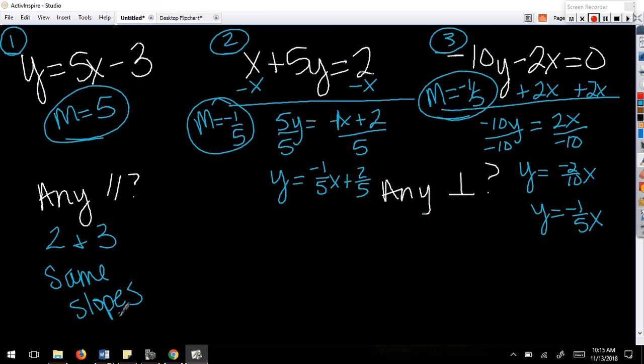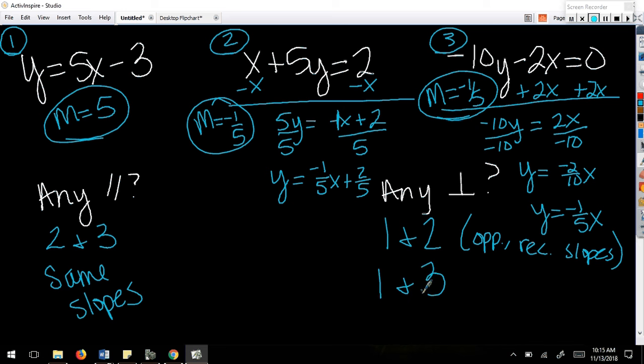Look closely. 1 and 2, they are. Why, Cameron? They have opposite reciprocal slopes. You're absolutely right. 1 and 3 are also perpendicular because their slopes are also negative reciprocals. They've flipped and they've changed the sign. Does that make sense?